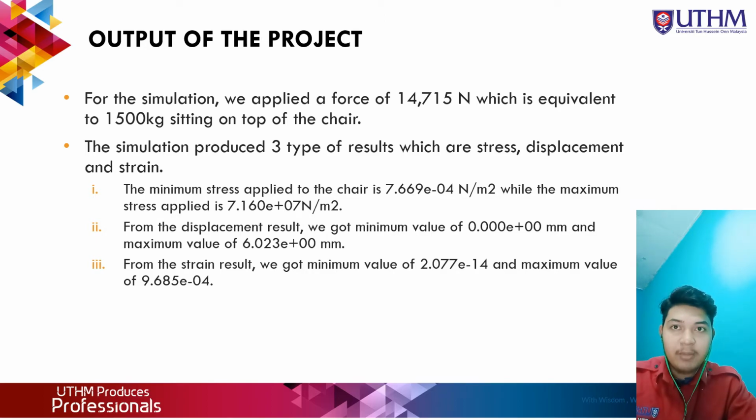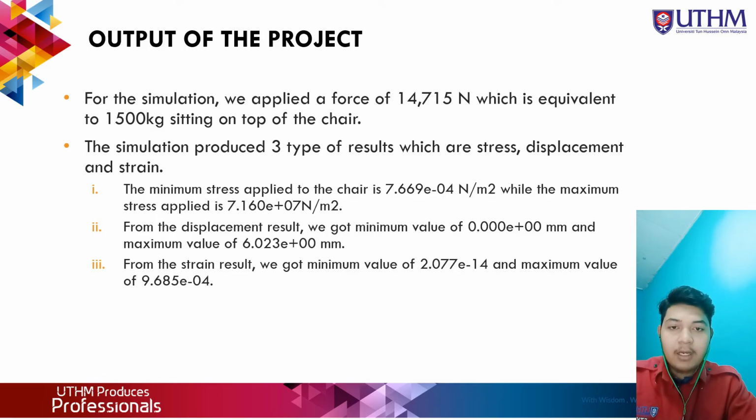The minimum stress we get is 7.669 multiplied by 10 to the power of 4 Newton per meter squared, while the maximum stress applied is 7.16 multiplied by 10 to the power of 7 Newton per meter squared. For the displacement result, the minimum value is 0 mm and the maximum value is 6.023 mm.